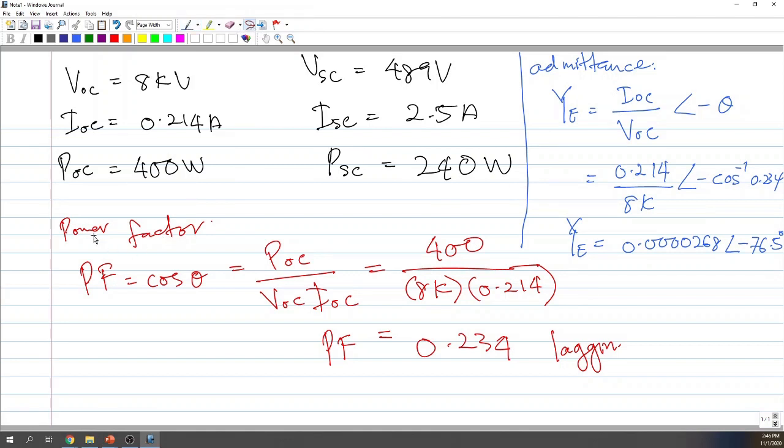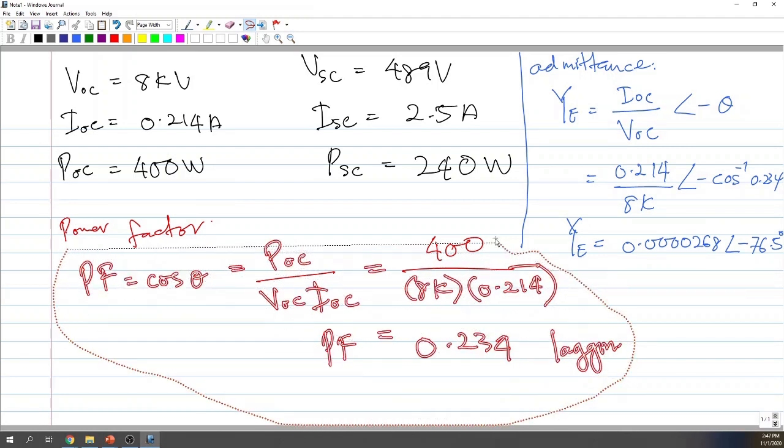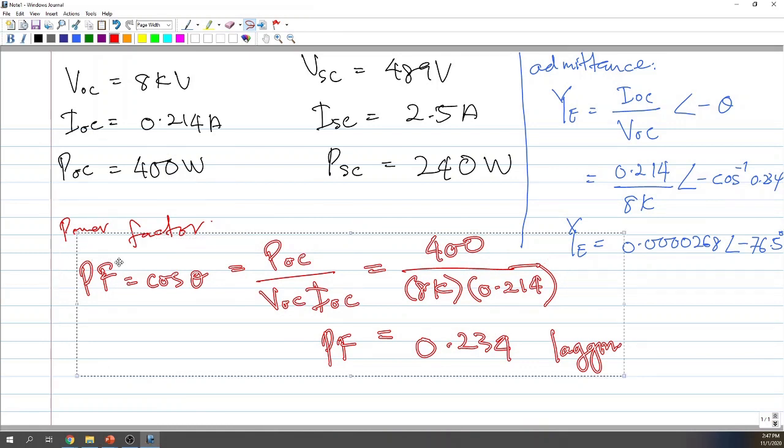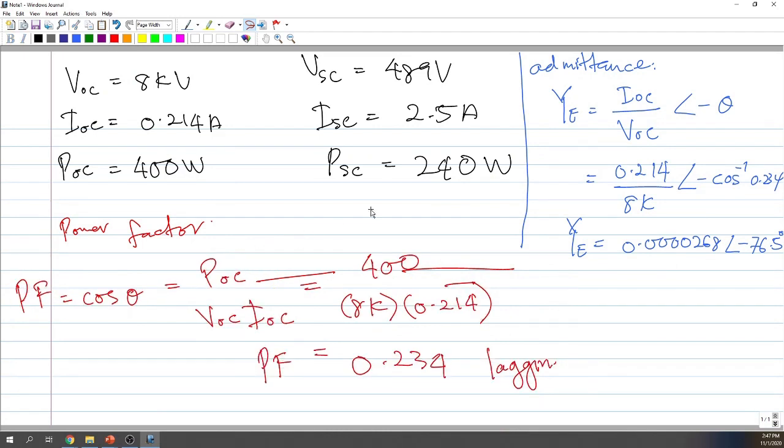Tak ada orang jawab ni. Okay, the easiest way of course lah kita guna calculator lah. Itu the easiest lah.